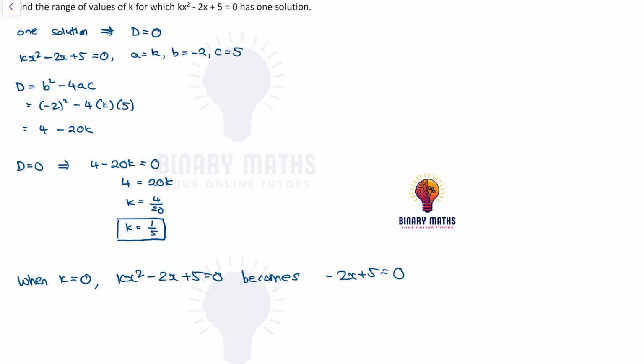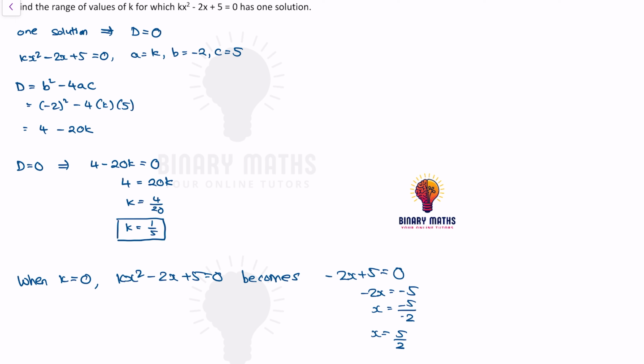So if I solve this, I get negative 2x is equal to negative 5, which means x is equal to negative 5 over negative 2, which means x is equal to 5 over 2. I do get one solution. So remember, we were trying to find the values of k for which this equation has one solution.